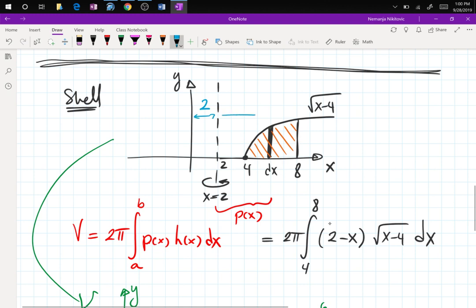And from here to here, you have x units, right?